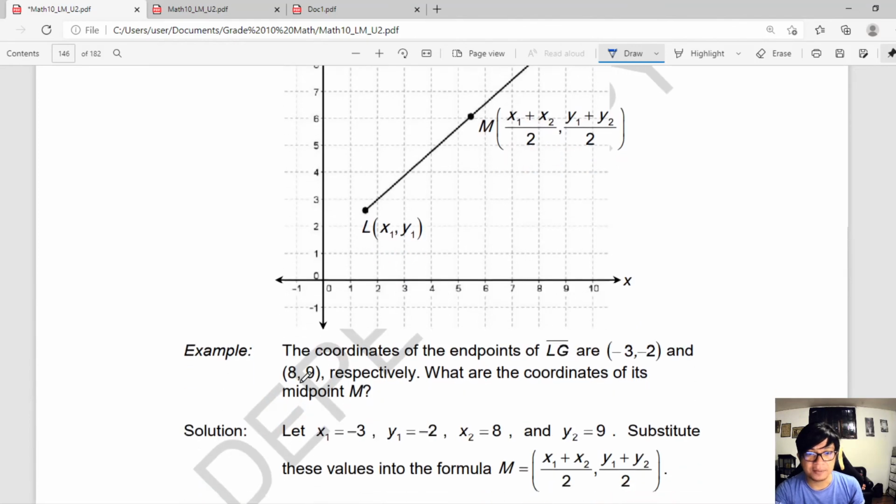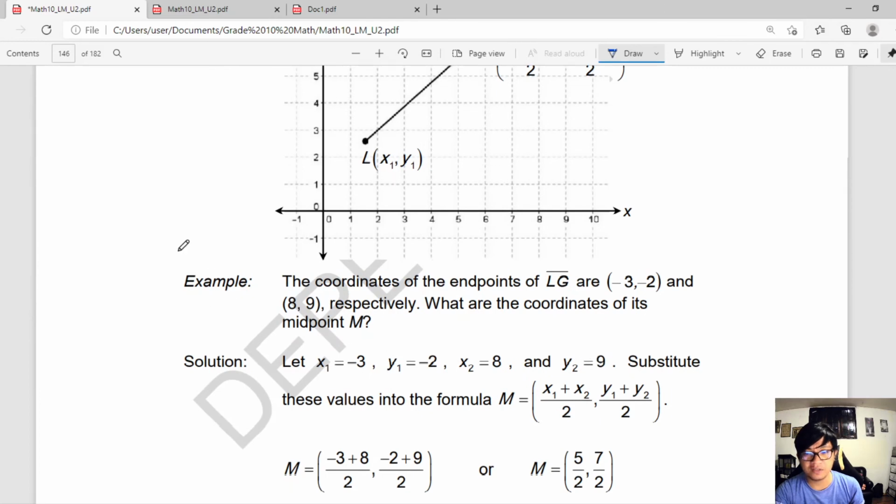So, example, the coordinates of the endpoints of LN are negative 3, negative 2, and 8, 9 respectively. What are the coordinates of its midpoint? So, ganito lang. Our midpoint is equal to, halimbawa, ito yung x sub 1 natin, x sub 2.